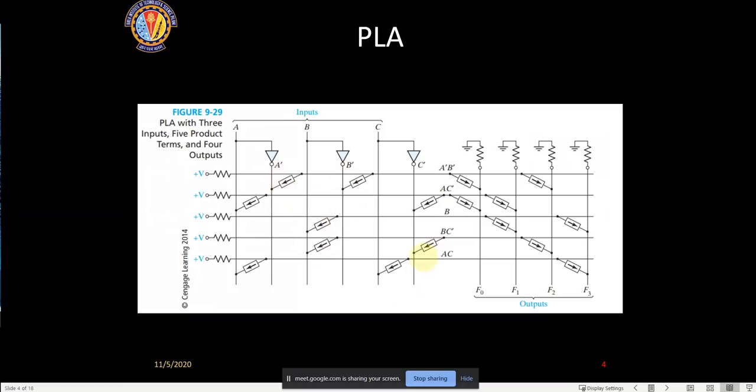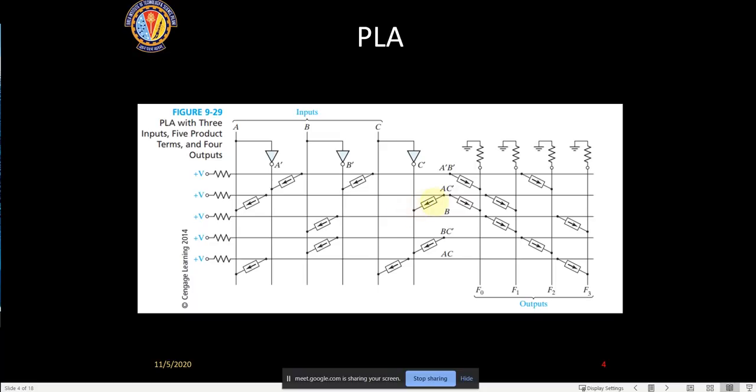So okay, I'll take one more example. Let's be very clear of this. See, for this particular line, you have A being connected here, and this is the C bar line. So the C bar is also connected. On the second horizontal line, it is connected to A through a diode, and it is also connected to C bar.